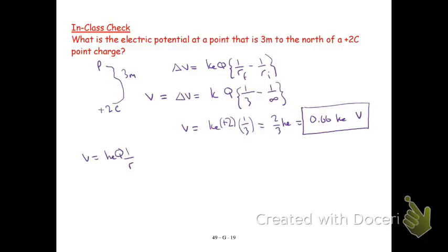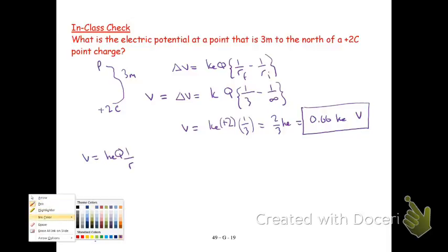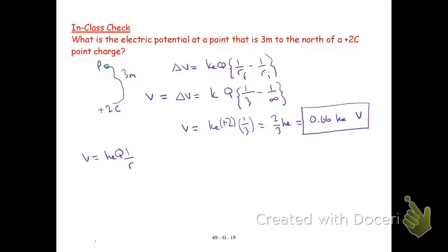And let's just make this a bit more interesting. Supposing that I put a charge there. So I'll put a minus 2 coulomb charge there. I said, what's the potential energy?